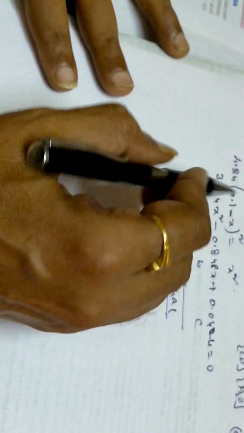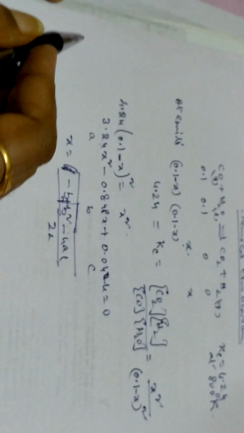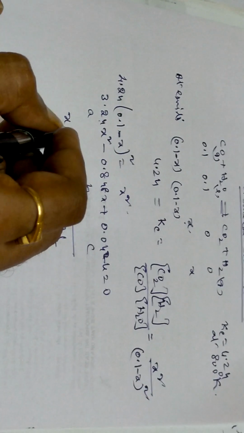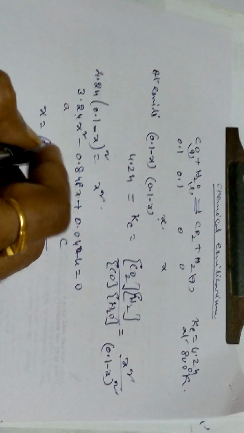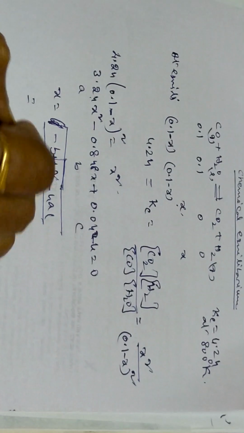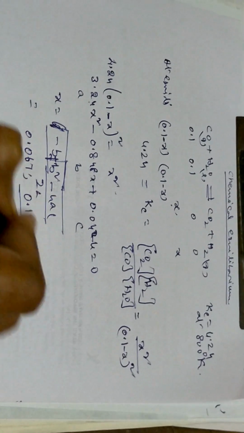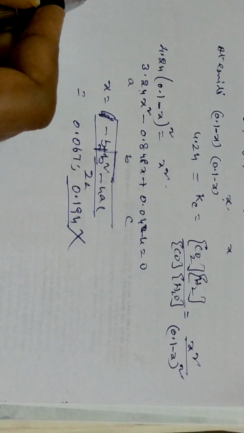One is higher than the initial value of 0.1, another is lower. The values are 0.067 and 0.194. We cannot take 0.194 because it is more than 0.1. So 0.067 is the x value.